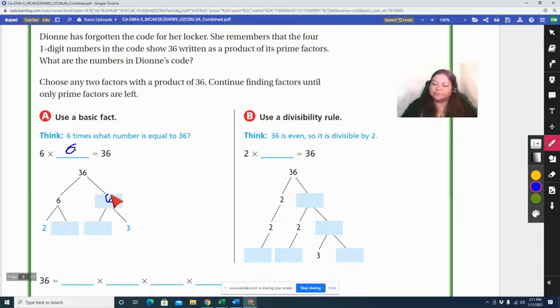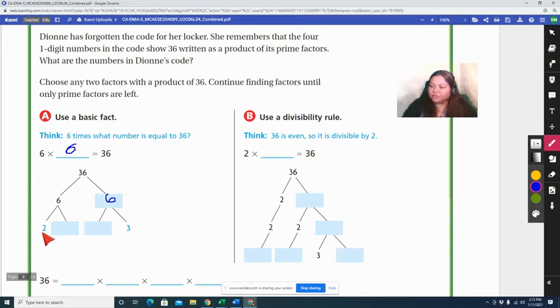Now I'm going to repeat this process. I'm going to find the factors of 6, and I'm going to stop when I have all prime numbers. Remember, prime numbers are numbers that only have two factors, one and itself. 6 is not a prime number; it's a composite because I can make 6 by multiplying 2 times 3, right?